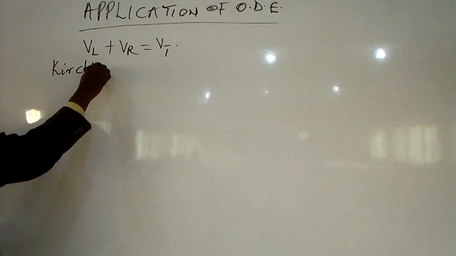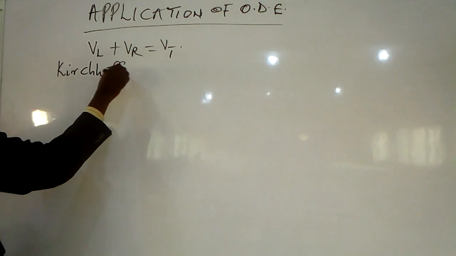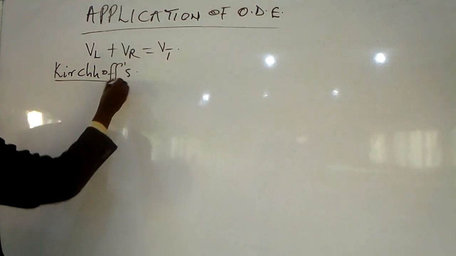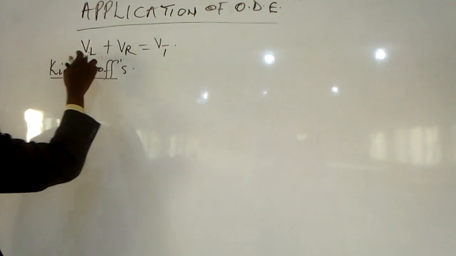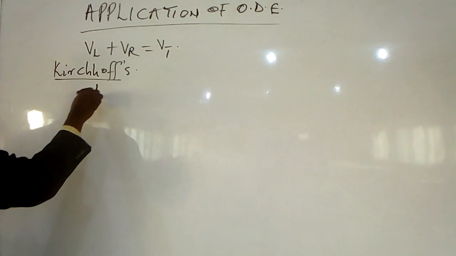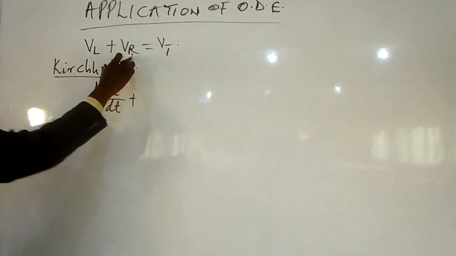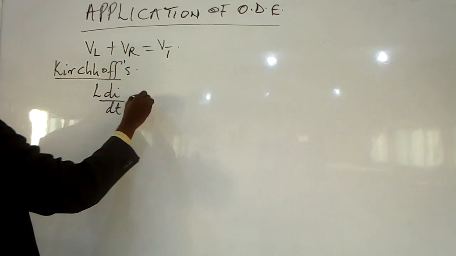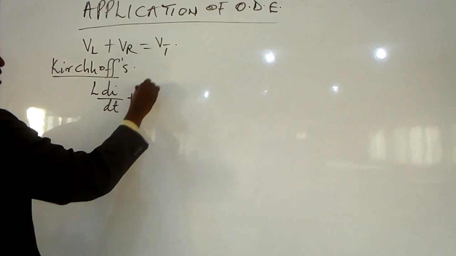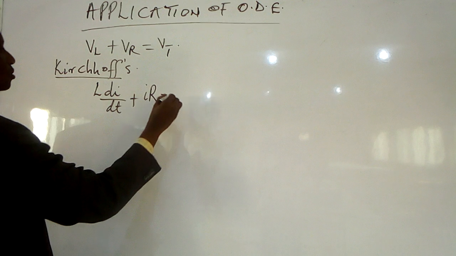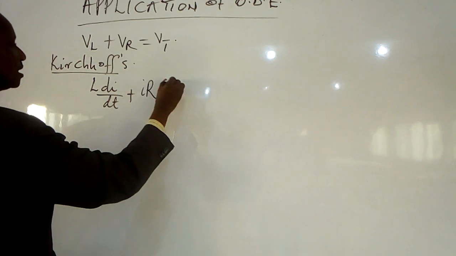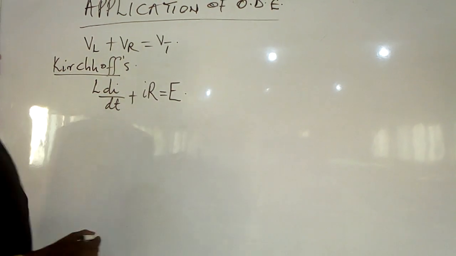This is Kirchhoff's law in electrical engineering. Voltage across the inductor is L di/dt, and voltage across the resistor is current multiplied by resistance according to Ohm's law, equal to the total voltage, let us say the electromotive force.